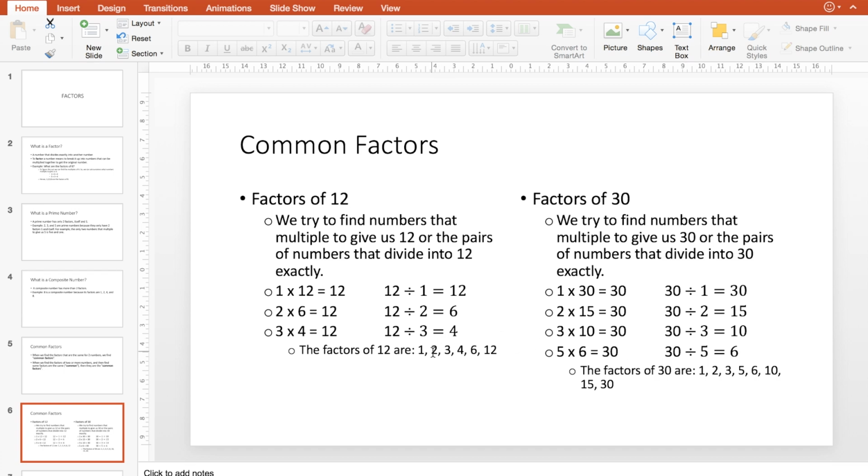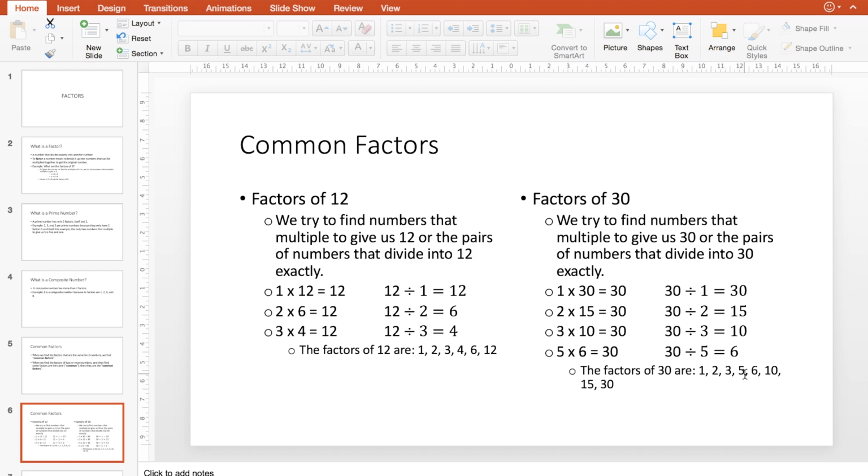Well, 2 is a factor of 12, and also of 30, so that's another common factor. 3 is a factor of 30, and of 12 as well. So far the common factors for 12 and 30 are 1, 2, and 3. 4 is a factor of 12. Is it a factor of 30? No, it's not on our list. So 4 is not a common factor.